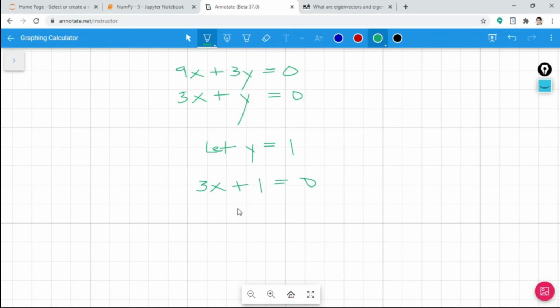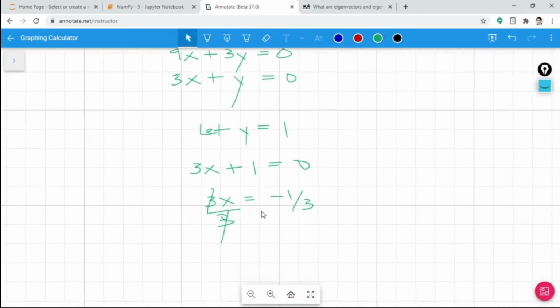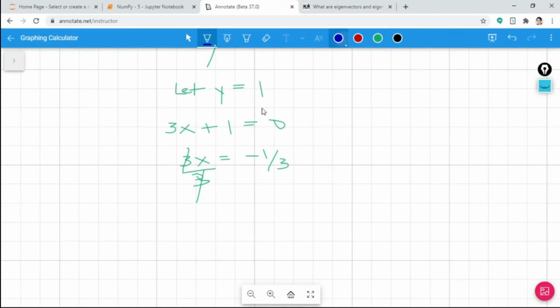So if we transpose this one, 3x is equivalent to negative 1. So 1/3 if we divide both sides by 3. Okay, so the eigenvector that we derive for the eigenvalue of negative 2 is negative 1/3.